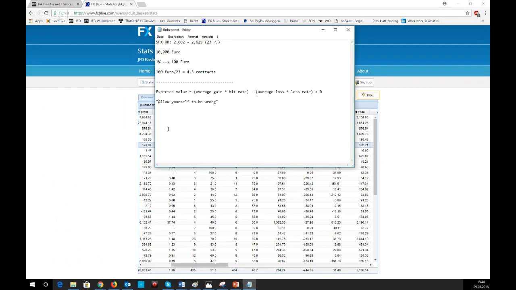So many traders out there, retail traders especially, are not really focused on allowing themselves to be wrong. They just think, for whatever reason, that they will be right all the time, and there are no losing trades. So it's an illusion. It's a competence illusion, as you call it in behavioral finance.